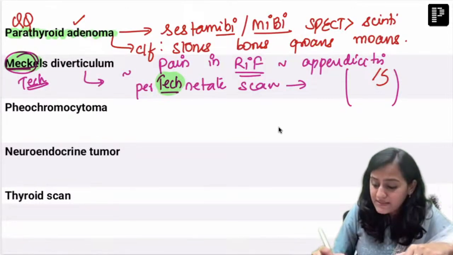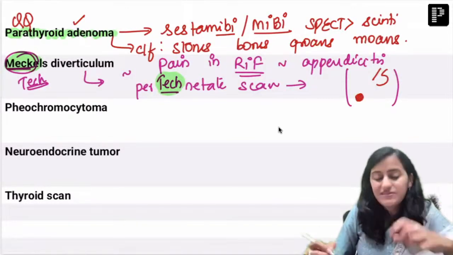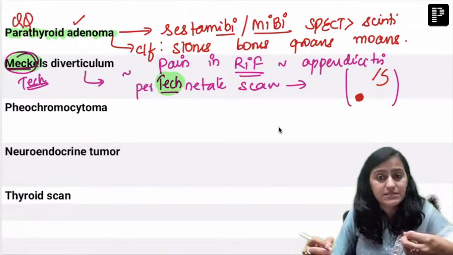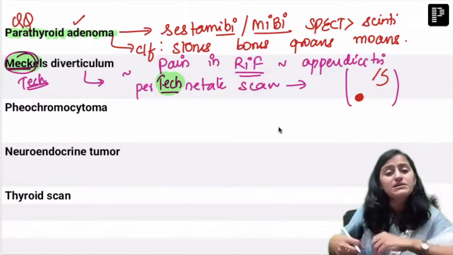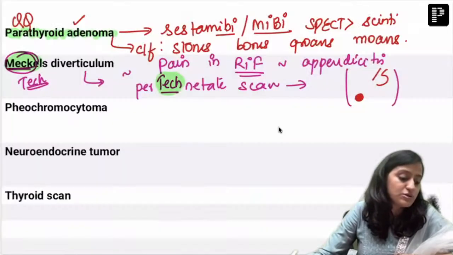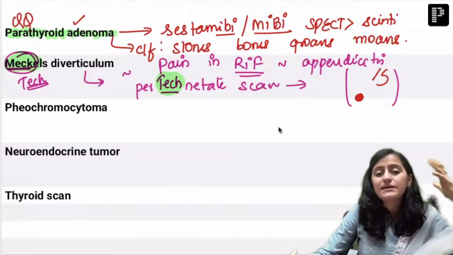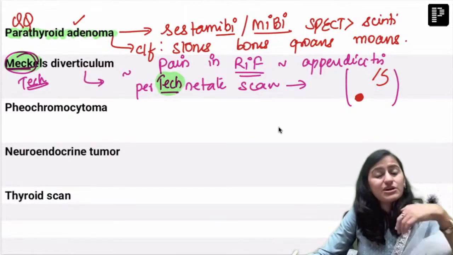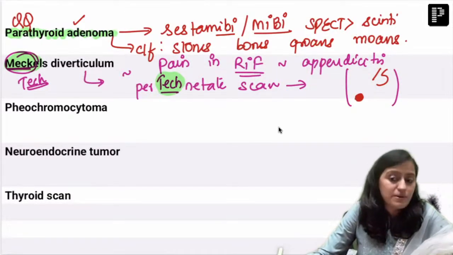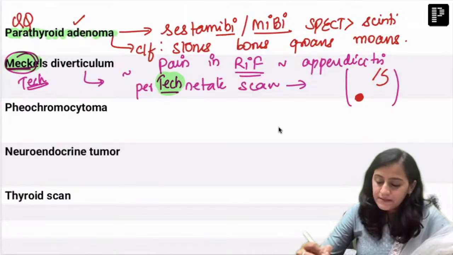So if the Meckel's has ectopic gastric tissue, even that will show uptake of pertechnetate. Uptake of pertechnetate in the right iliac fossa will basically tell you it is ectopic gastric tissue, and you then diagnose Meckel's based on that. But remember that not all Meckel's will be positive, because if it does not have ectopic gastric tissue, it will not be positive. Okay, so that is the concept about Meckel's.